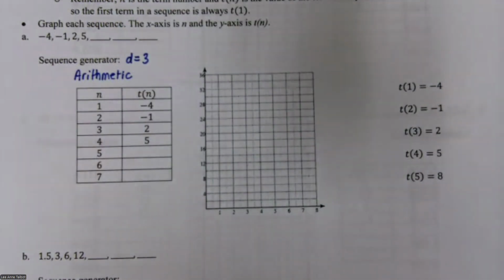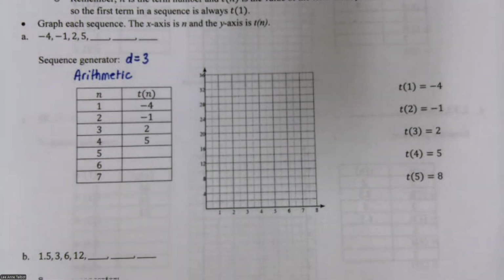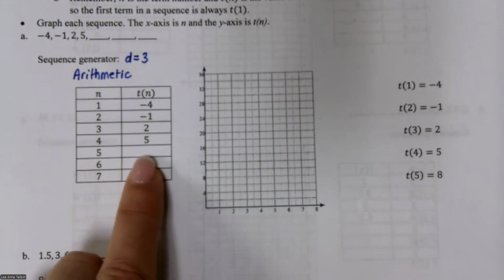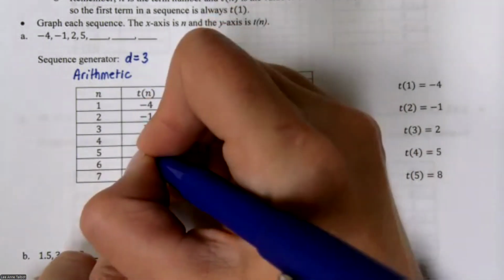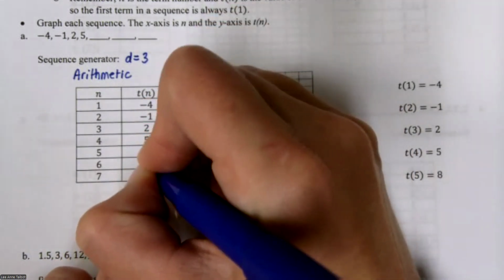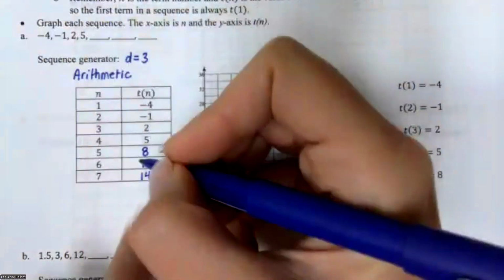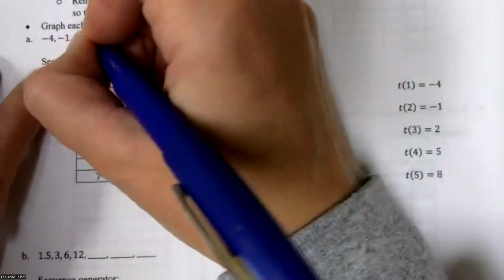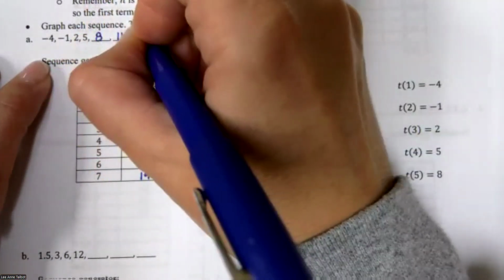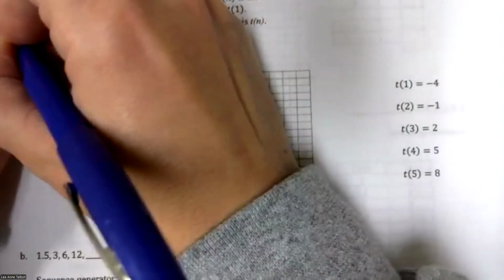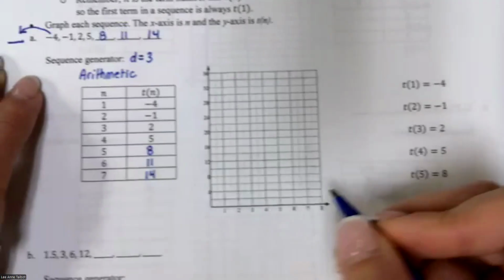Okay, now there are some weird sequences on this resource page that are not arithmetic or geometric, and you'll just put neither. Okay, what's the next number here? 8, 11, 14.